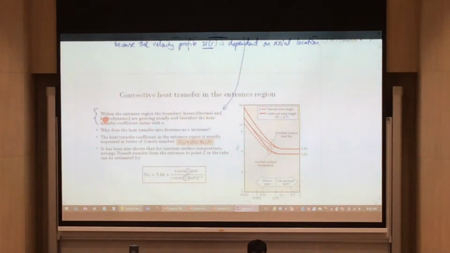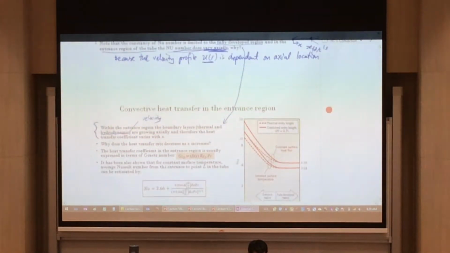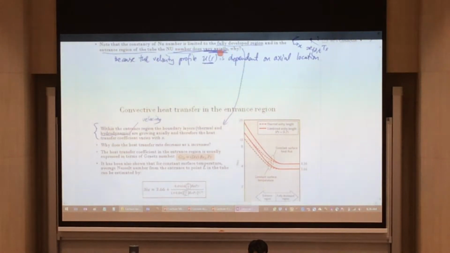Sometimes another word for hydrodynamic is velocity. So your thermal and velocity boundary layers are growing axially, and therefore the heat transfer coefficient varies with x. That was very similar to what we responded over here.